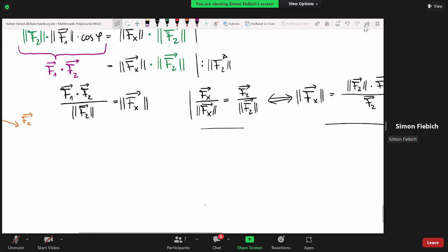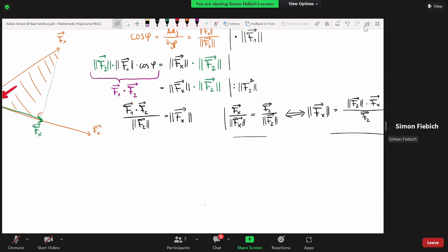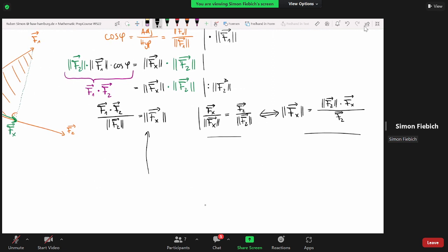And if we now substitute the magnitude of fx in our equation here with this term, then we would have the scalar product of f1 and f2 being equal to magnitude of f2 times vector fx divided by magnitude of f2.